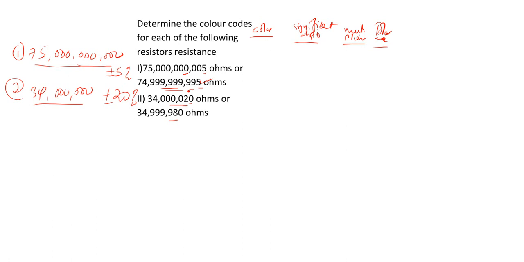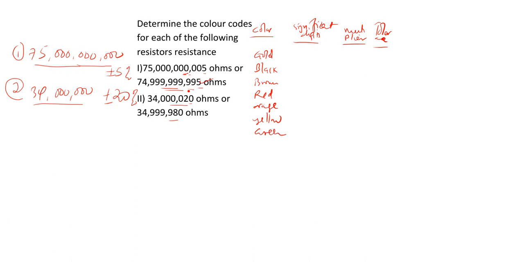We start from the first one, silver. Then gold. We have black. We have brown. We have red. We have orange. We have yellow. We have green.